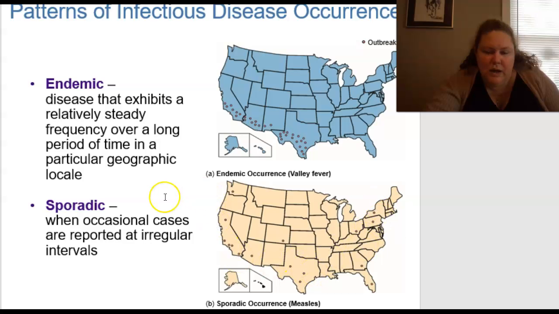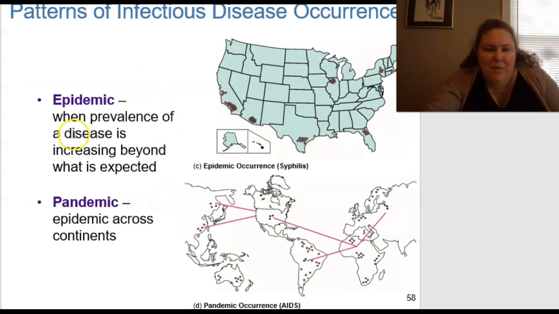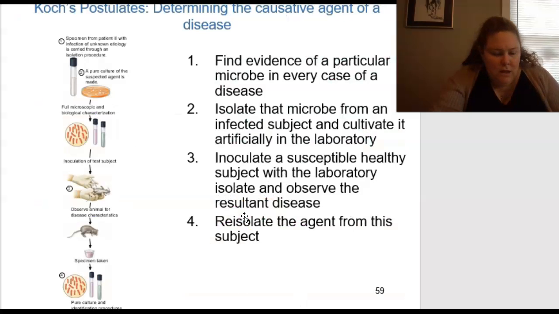So you can see that it's spread all over. Then we have epidemic, and this is when the prevalence of a disease is increasing beyond what was expected. Okay, and this is kind of how COVID started. And then it turned into a pandemic, and this is where the epidemic, so the disease, is going to cross all continents. So you can see that it's everywhere, and this is where we are with COVID right now. Okay. And so that would be that.